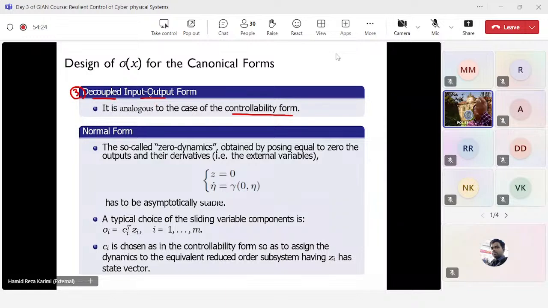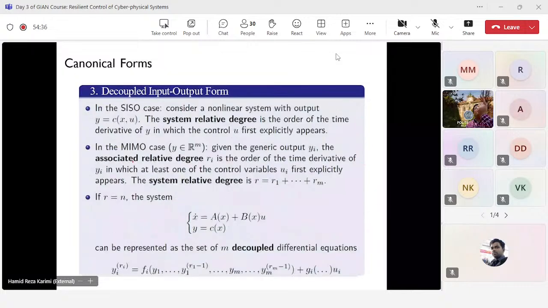The approach for this case is also very similar to the controllability form. You remember that we discussed it in the last lecture.